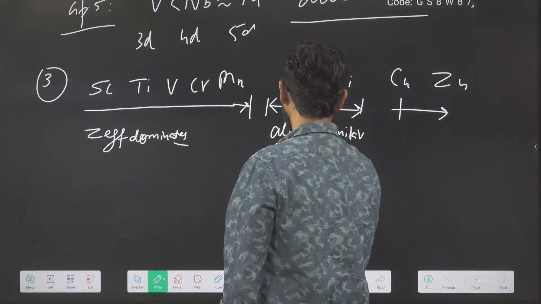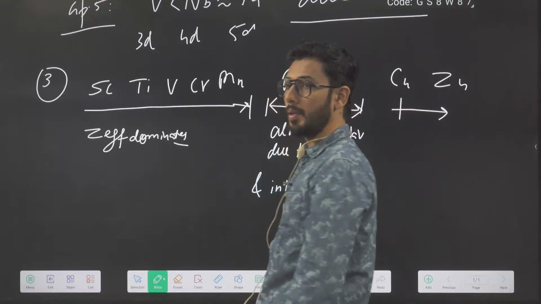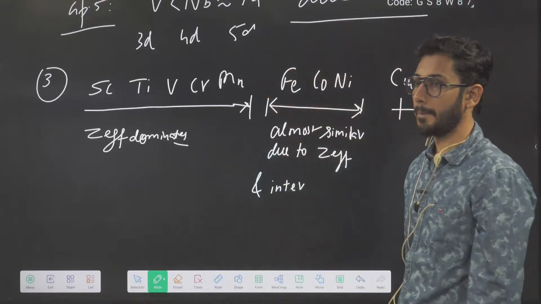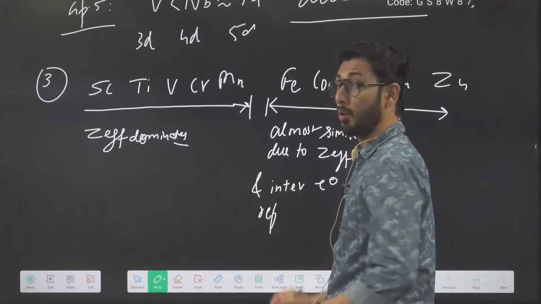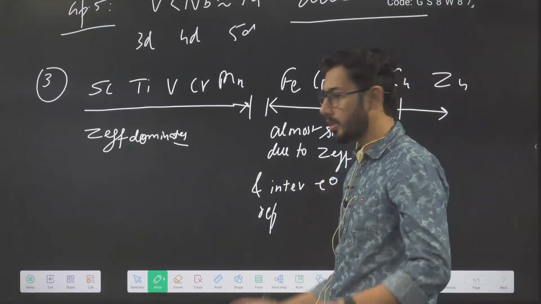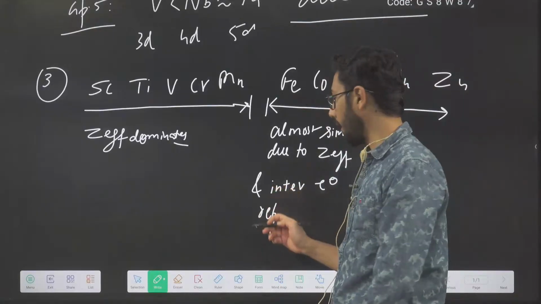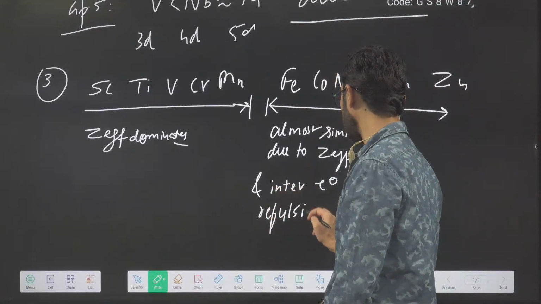Z effective and inter-electronic repulsions. The moment pairing starts in the orbitals, which factor do we say? Inter-electronic repulsions.